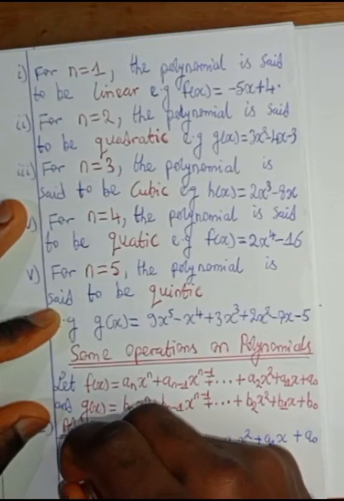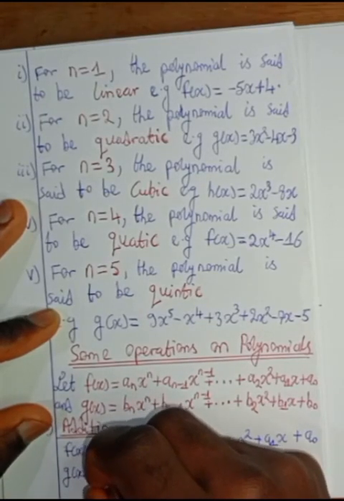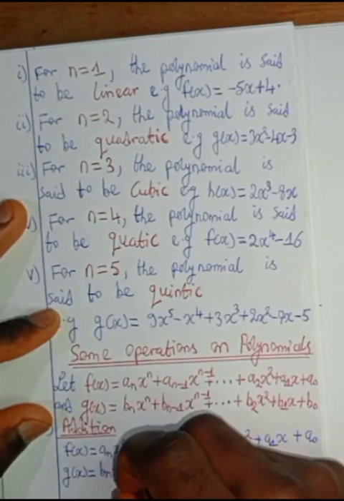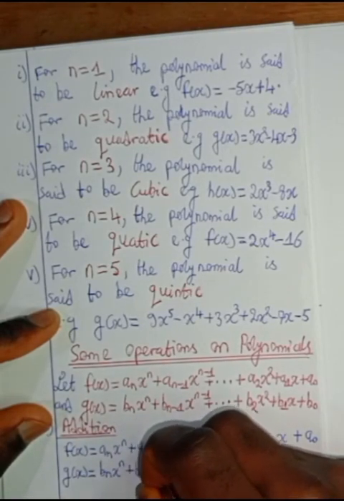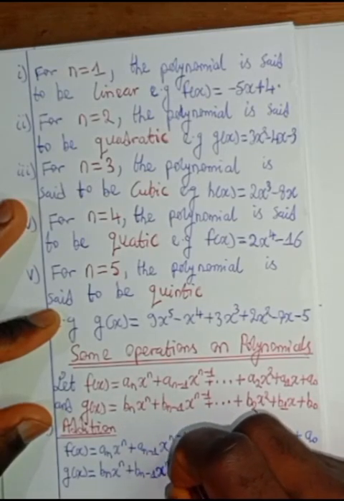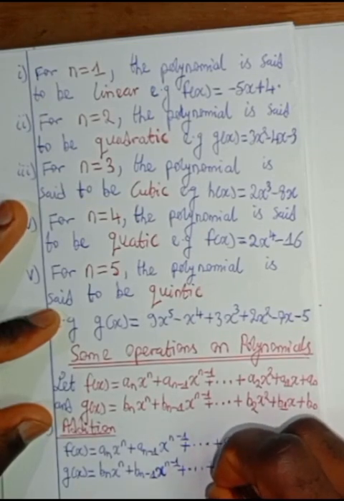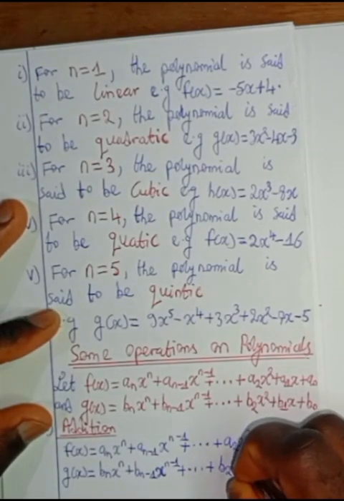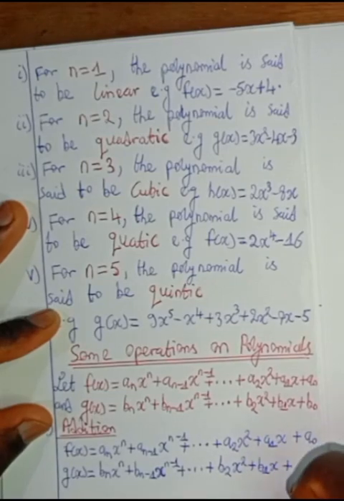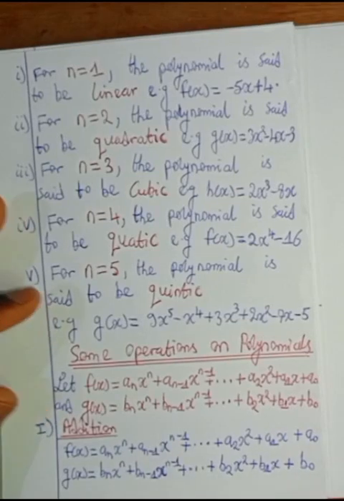The next one we have g of x, which is equal to b subscript n x to the power n plus b subscript n minus 1 x to the power n minus 1 plus dots plus b subscript 2 x squared plus b subscript 1 x plus b0. So we have to add these two polynomials.